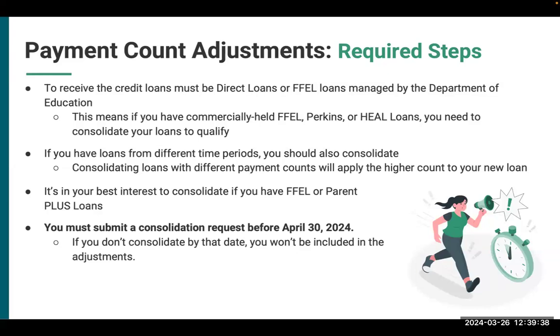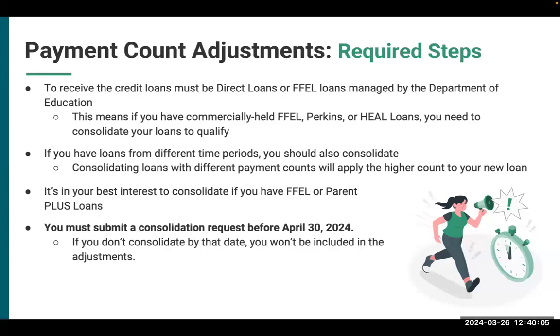So for example, I'll use myself. My undergraduate loans are from 2011 and my graduate school loans are from 2018. If I consolidate them all together, okay, they will all take on the credit count of the loans from 2011. So obviously the loans from 2011, I've been in repayment for longer than the loans from 2018. And therefore I'd be eligible to receive forgiveness on the 2011 loans before the 2018 loans.